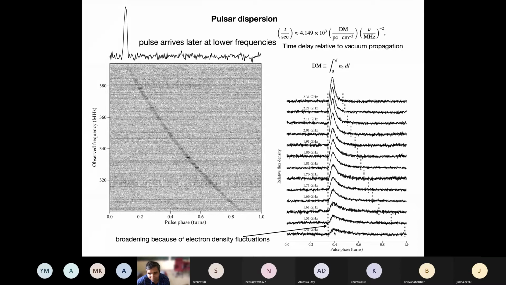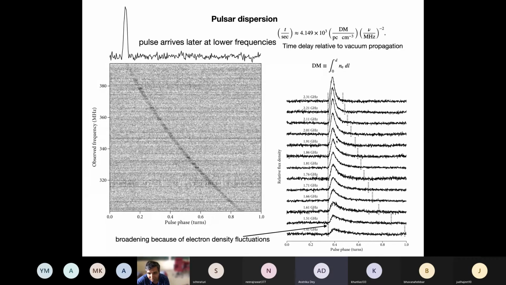Does someone notice any difference between the pulse at high frequency and the pulse at low frequency, even after it has been de-dispersed? This dashed vertical line shows the dispersion delay. But do you see any other difference between this and this, for example? What's the difference between this pulse and this pulse? Of course, the amplitude is small, but what else?